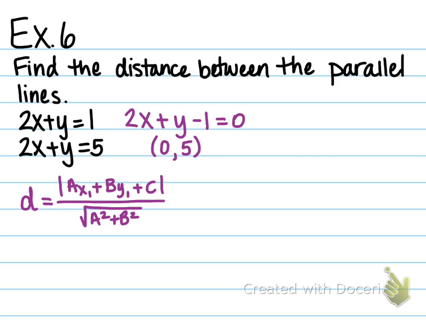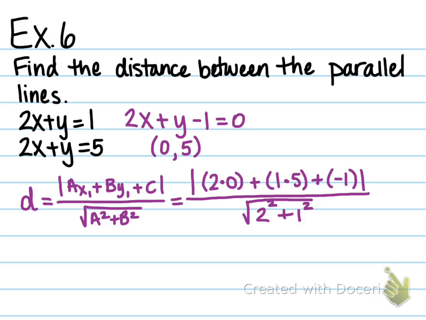Now we're going to use the same formula as example 5. Again, a, b, and c are from the equation of the line, ax plus by plus c equals 0. x1, y1 is the ordered pair. So this is going to be the absolute value of 2 times 0 plus 1 times 5 minus 1, all over the square root of 2 squared plus 1 squared.